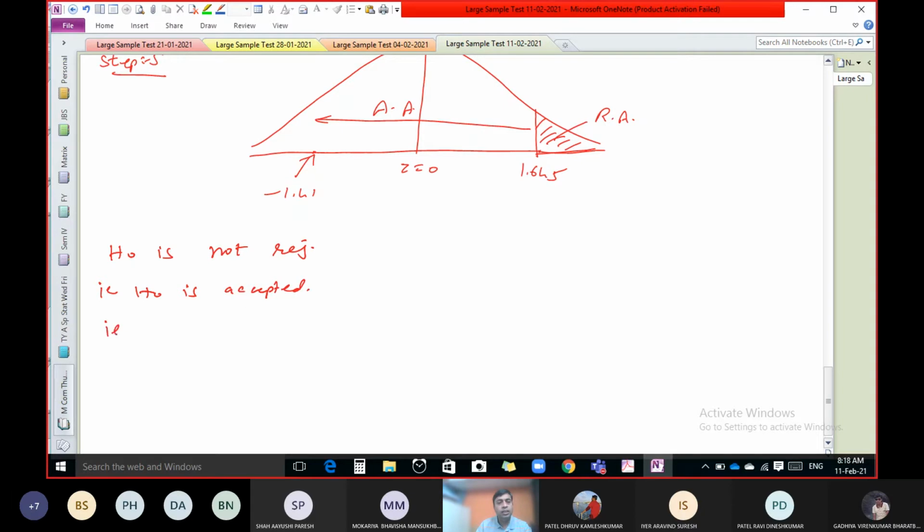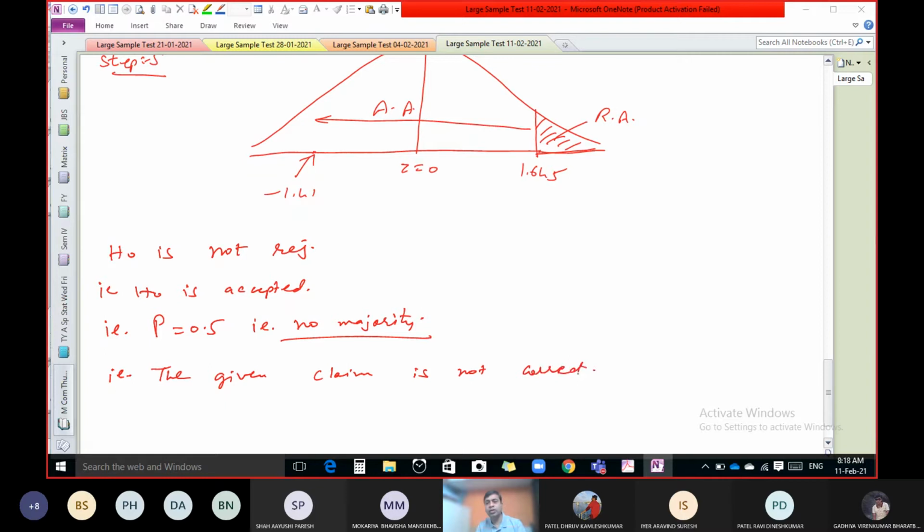That is, P equal to 0.5, that is, there is no majority. That means the given claim is not correct. That is our conclusion. So there is no majority.